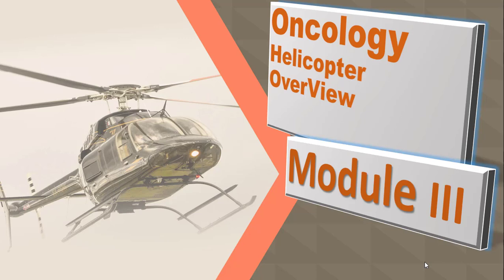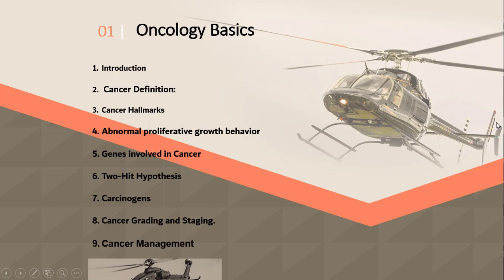Oncology Helicopter Overview Module 3. In Module 1, Oncology Basics, we've discussed the following topics: Introduction, Cancer Definition, Cancer Hallmarks, Abnormal Proliferative or Proliferative Growth Factor, Genes involved in cancer, Two-hit hypothesis, Carcinogens, Cancer grading and staging, Cancer management.